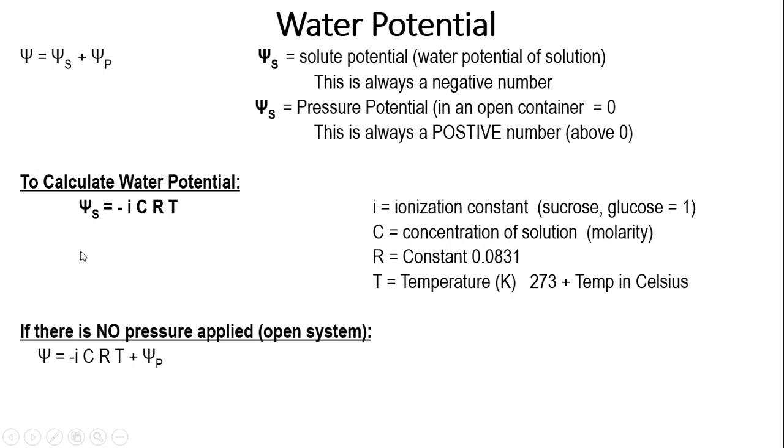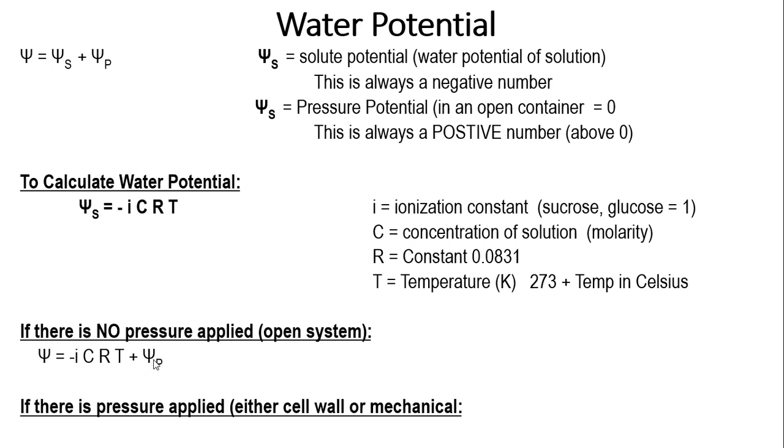So this is equal to psi S plus psi P. So if there's no pressure, that's equal to zero. If there is pressure, okay, then you're going to have this have a positive number, okay? And so that's the basis for the formulas, okay? The only time you'll ever have to add is if you have pressure, and you'll see that in one of the equations. Okay, so let's take a look at some of the problems.